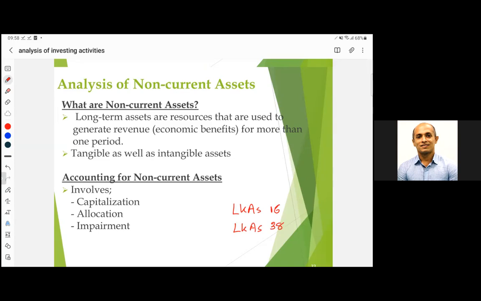And LKS 36 impairment. So these three standards are important for the analysis of non-current assets. Right. So you should have studied and come.